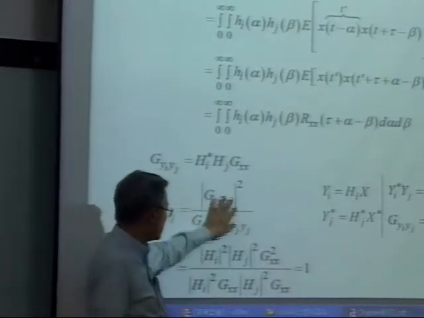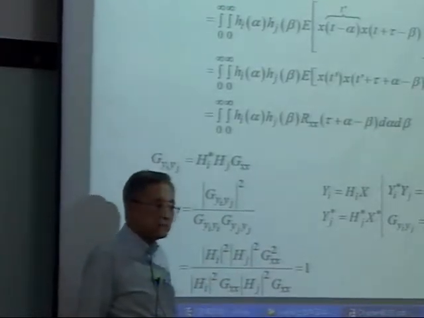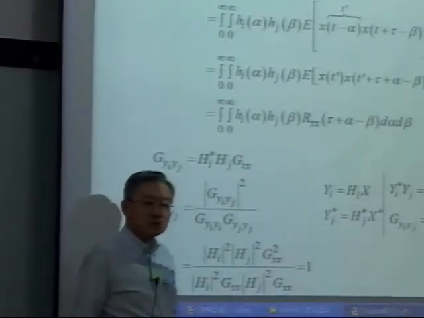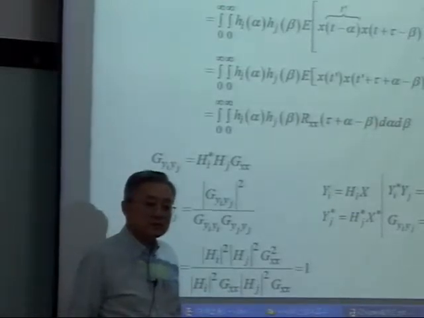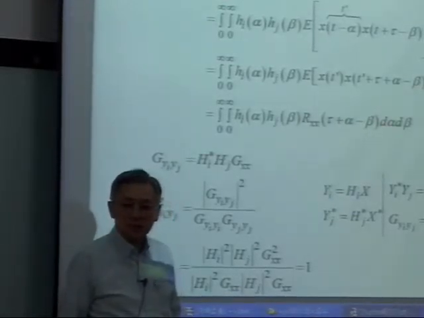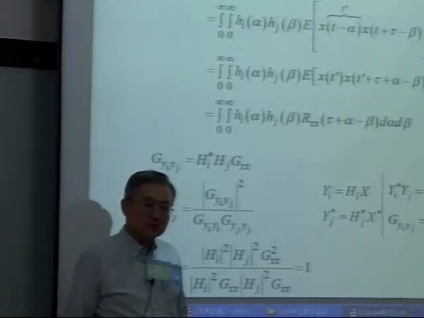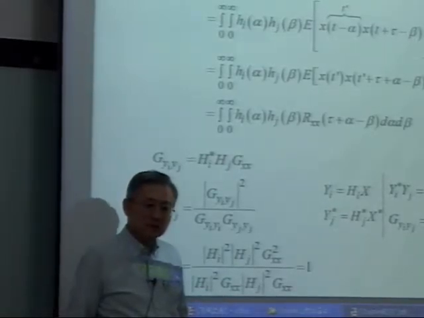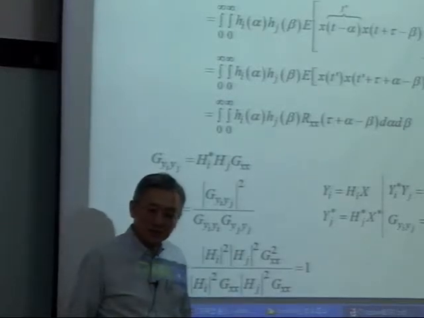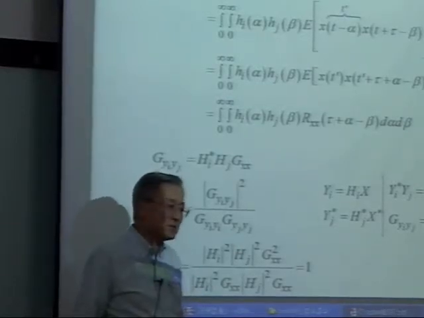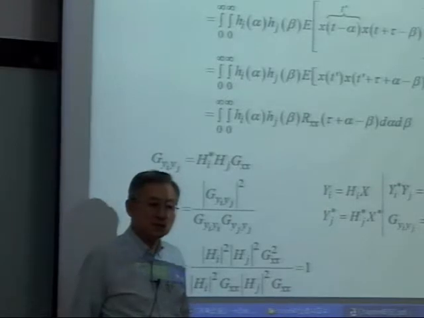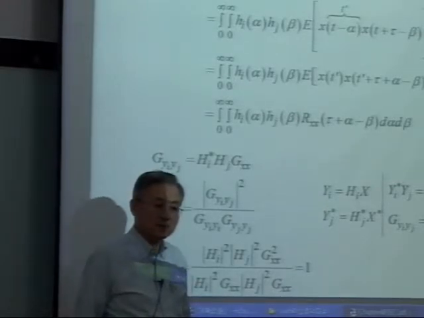Do you need all this relationship? You expect that's equal to 1. Why? No noise. No noise is an ideal system. If it's an ideal system, it's 1. Okay.